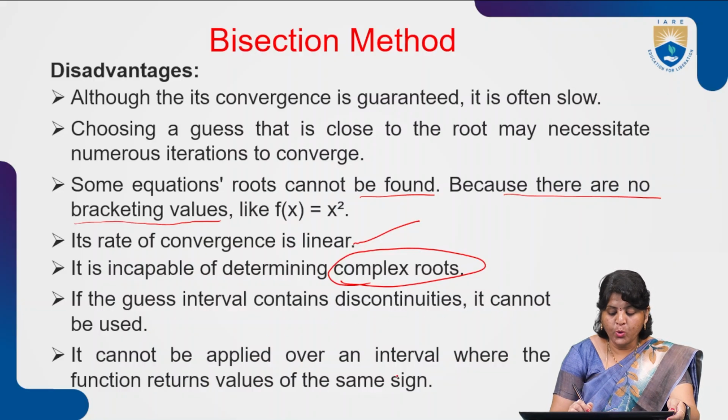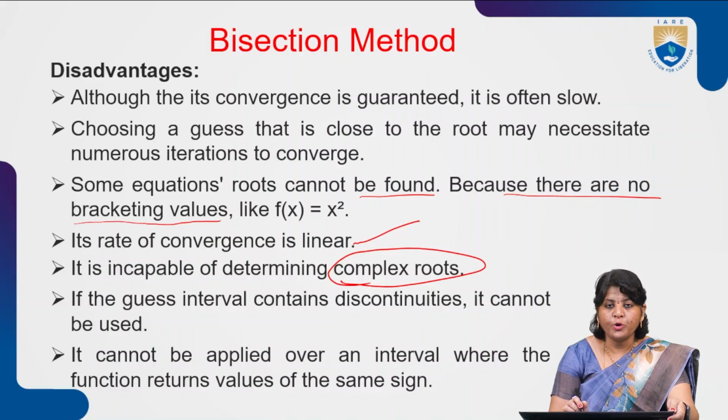It cannot be applied over an interval where the function returns values of the same sign. So over an interval, if the function returns values of the same sign, then it is not possible to find the root by using the bisection method. These are the advantages and disadvantages of the bisection method.